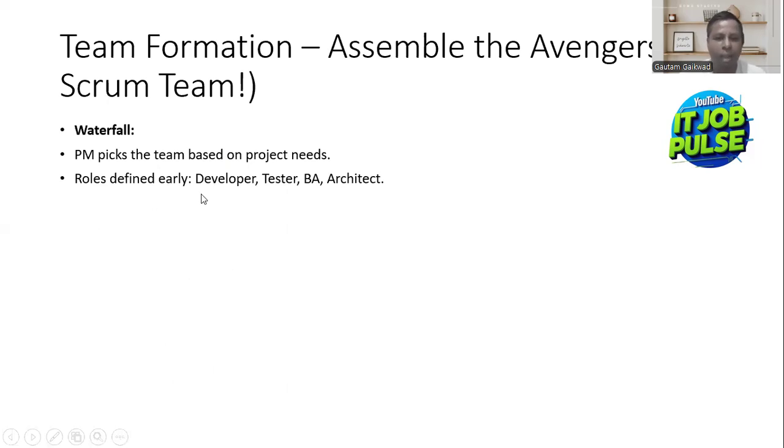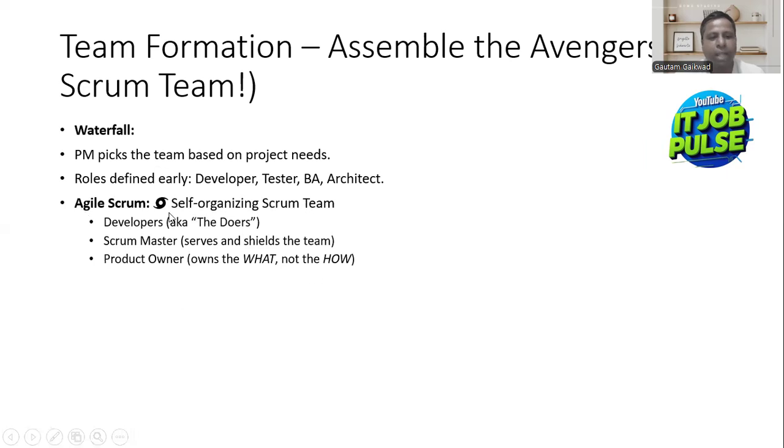Roles are defined early, like developer, tester, BA, architect. So a project team in waterfall generally involves these roles: developers, testers, BA, architect. In Agile Scrum, a self-organizing Scrum team: developers, also known as the doers. Then the Scrum Master serves and shields the team.